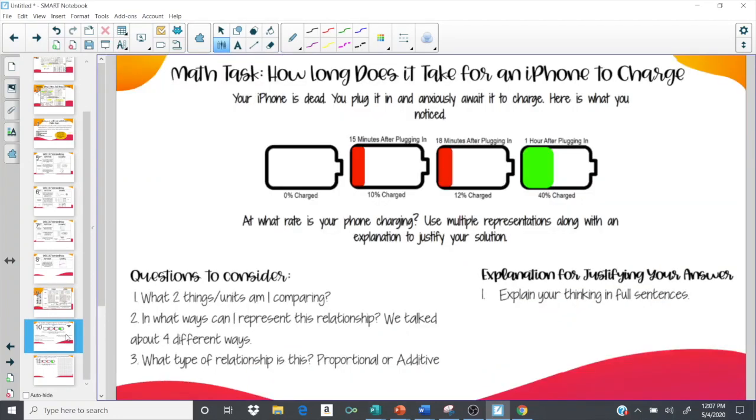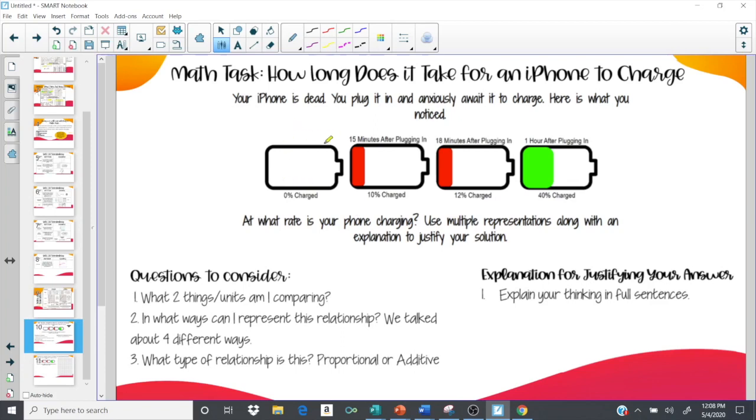So our math task. How long does it take for an iPhone to charge? Your iPhone is dead. You plug it in and anxiously wait for it to charge. Here is what you notice. So if you look at the little charging icon, we all have these on our phones, right?